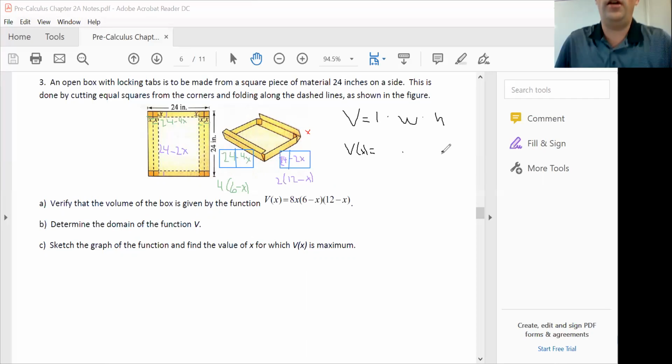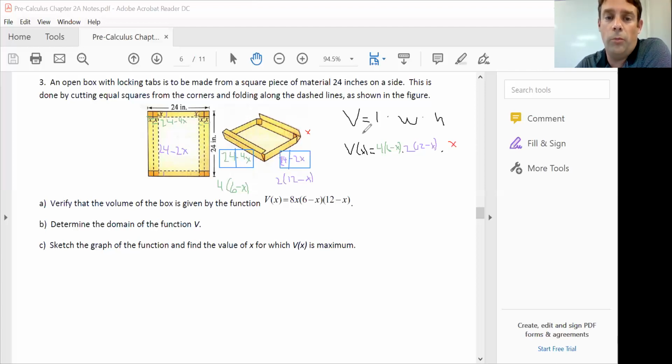Our length, well, that was the 4 times the 6 minus x, so I'm going to put that in there. All righty. And then the width, well, that'd be the 2 times 12 minus x. And my height, that would be x.